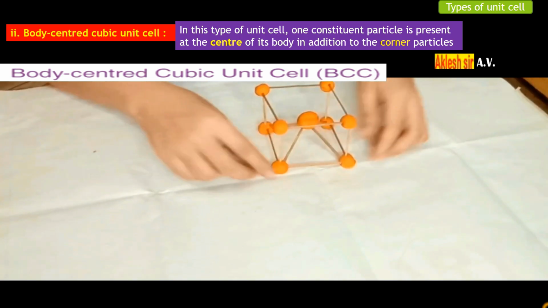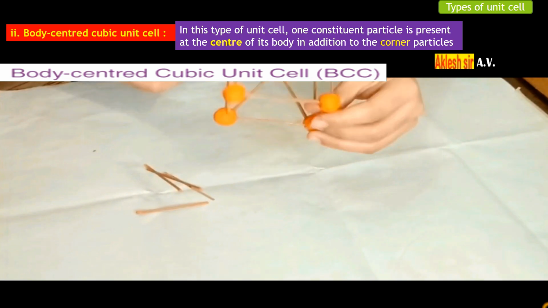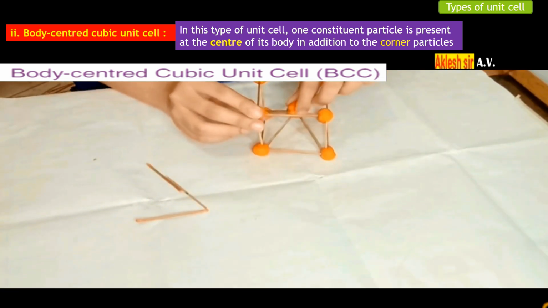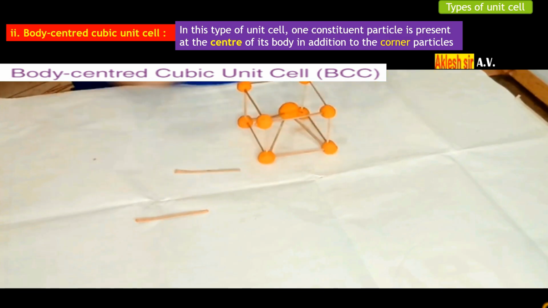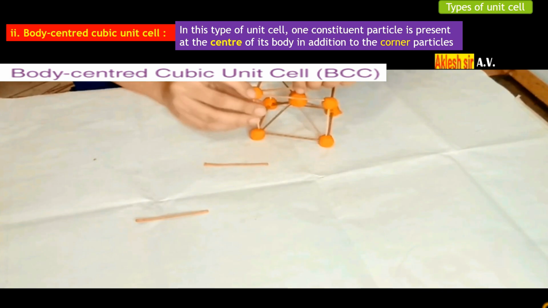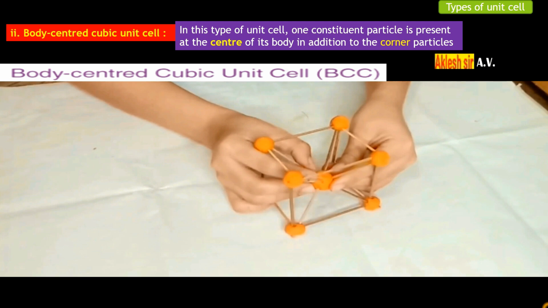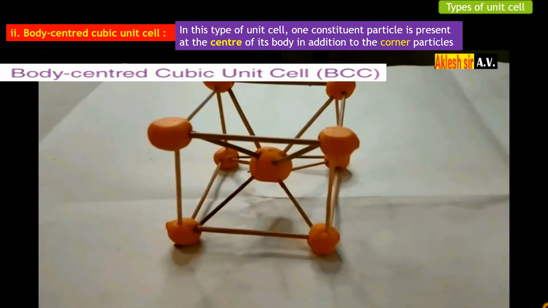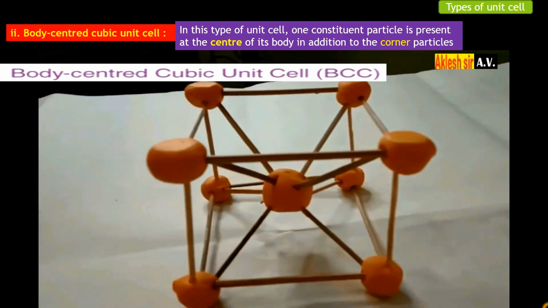And this is the result of the body-centered unit cell: eight atoms at the corners and one atom in the center.